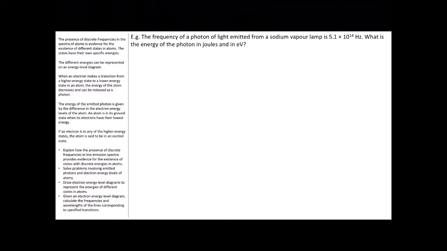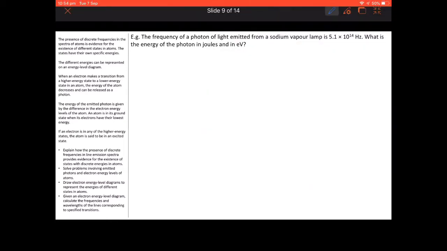So as an example, the frequency of a photon of light emitted from a sodium vapor lamp is 5.1 by 10 to the 14 Hertz. What is the energy of the photon in joules and in electron volts? So to do this, we'll just use the rule that we just looked at. Initial energy minus the final energy is equal to Planck's constant multiplied by the frequency.